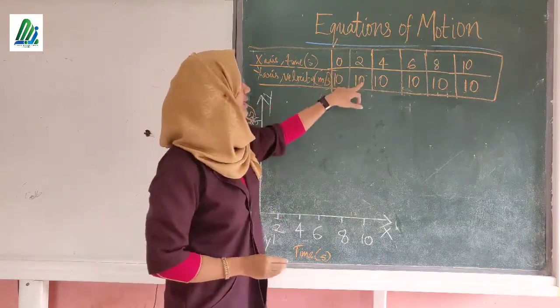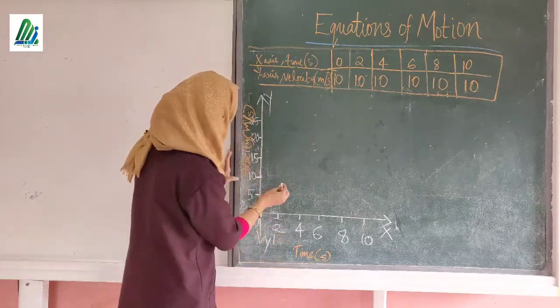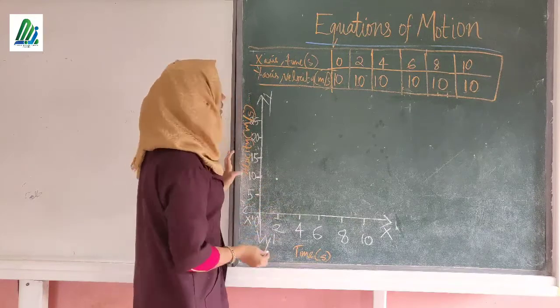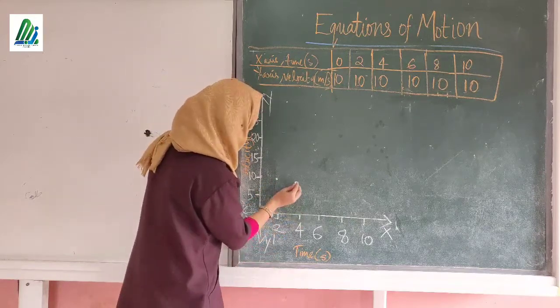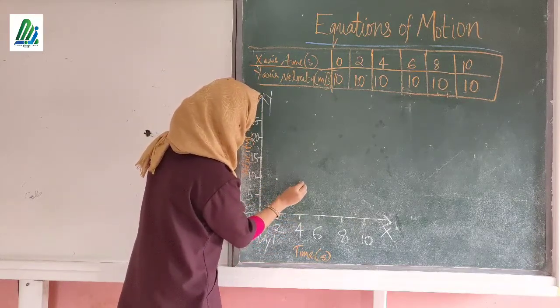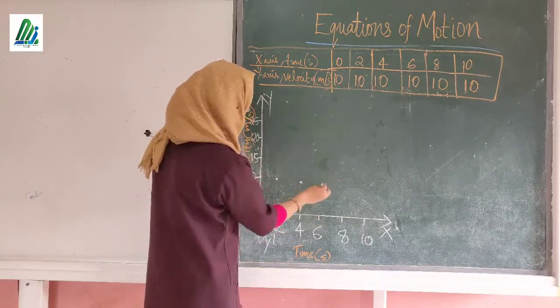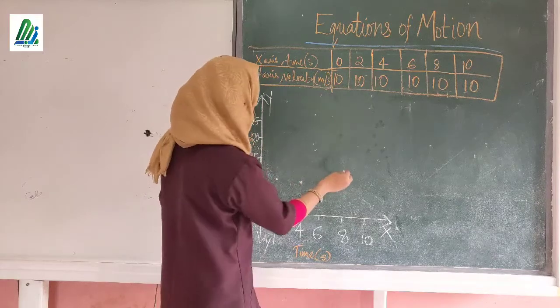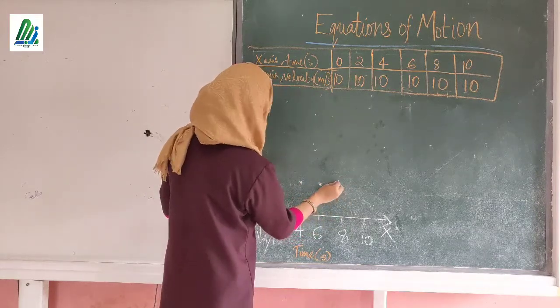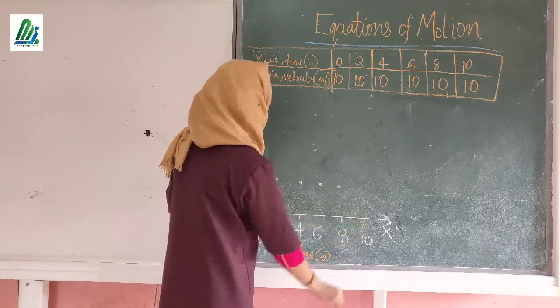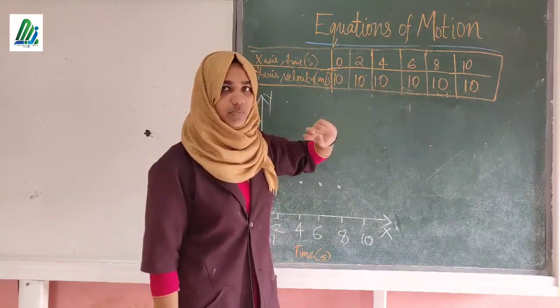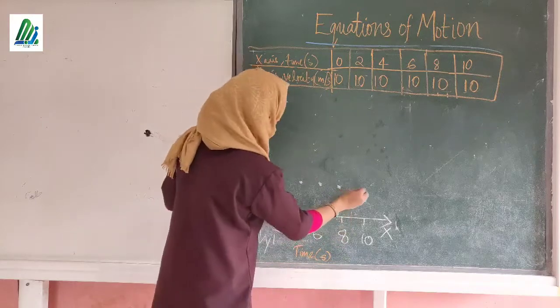Then at 2 seconds, the velocity is also 10 meter per second. At 4 seconds, 6 seconds, 8 seconds, and 10 seconds, the velocity is also 10 meter per second.